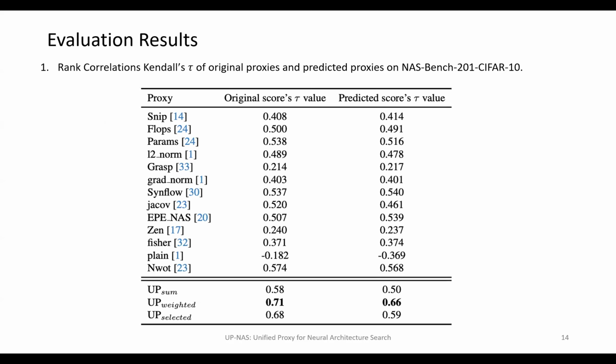Okay. Here are the rank correlations we found by our NAS method with several kinds of combination weights. As can be seen, the rank correlations are all higher than the original zero cost proxies that have been combined.